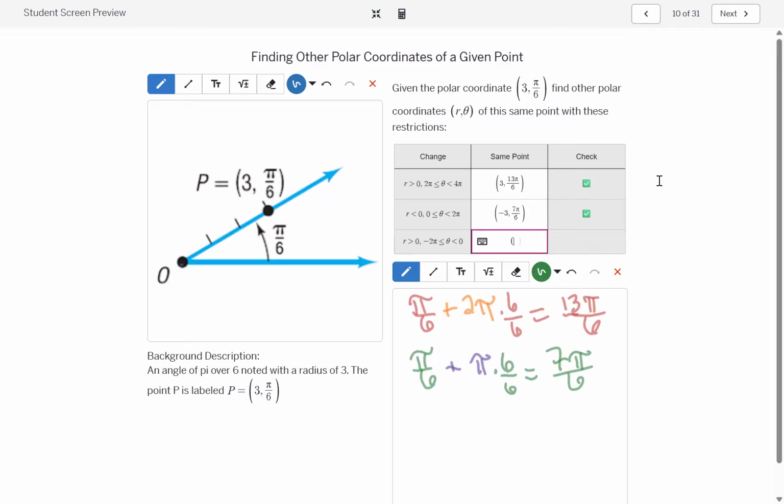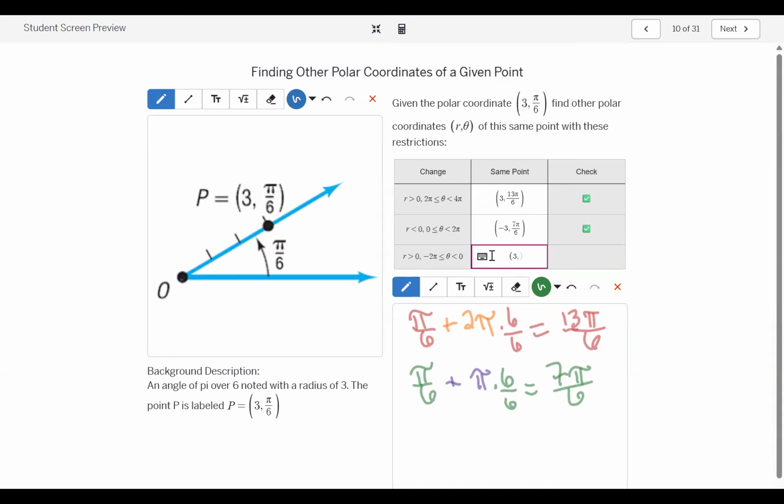Then our last point is back to a positive radius. But now they want the angle to be less than 0, but bigger than negative 2 pi. So I'm still going to start with my pi over 6.